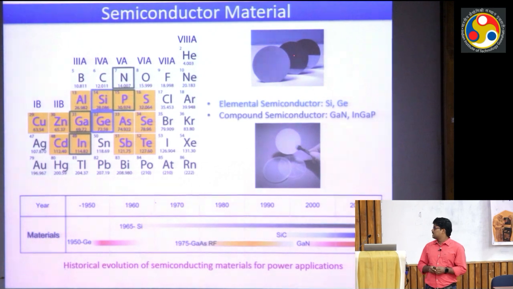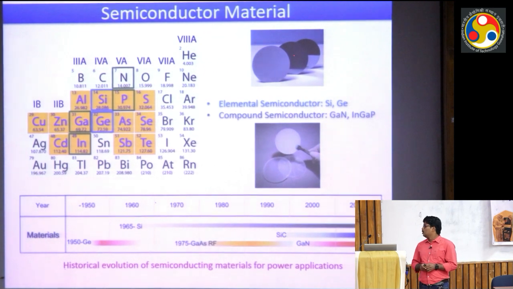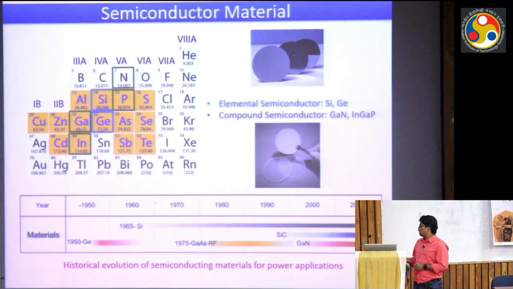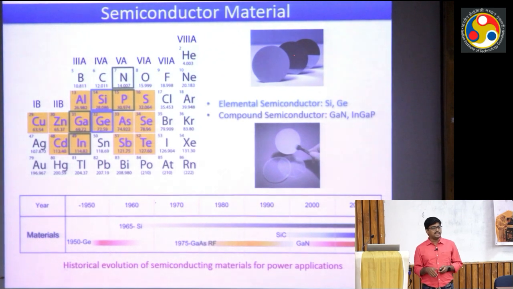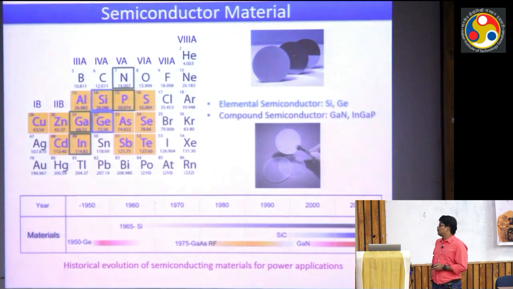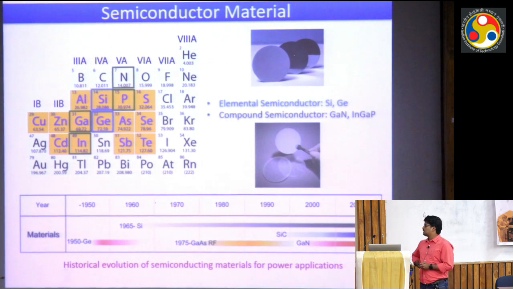Then if we look at the history, the evolution of how different semiconductor materials have evolved, we can see the journey started with germanium in the year 1955. Although this is considering the power application, it is typical for other applications like digital logic or analog applications as well. Initially it started with germanium, then silicon.